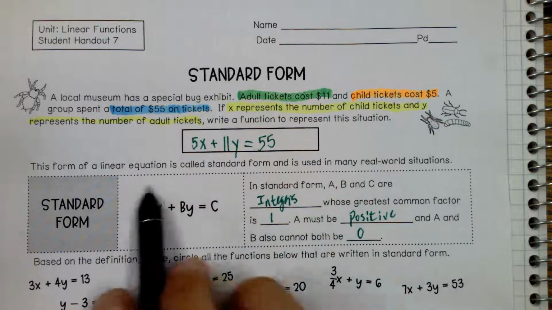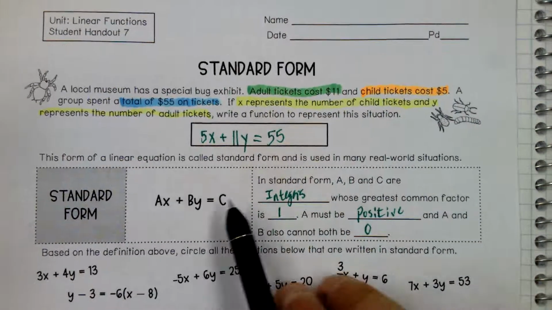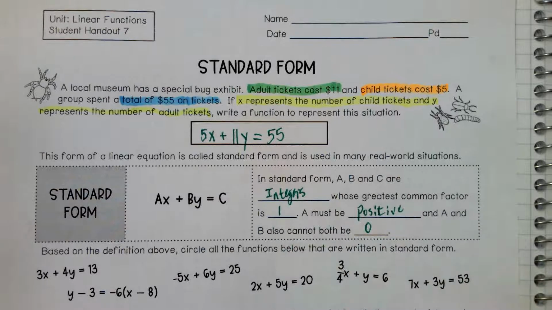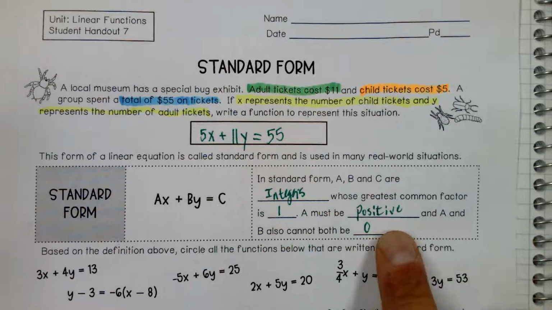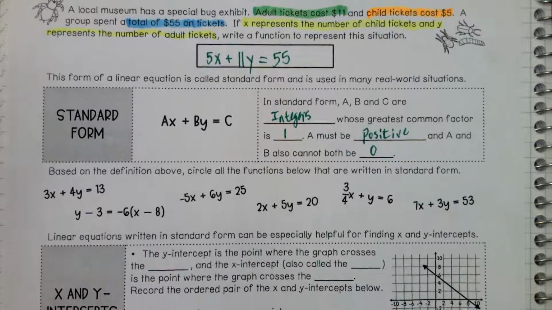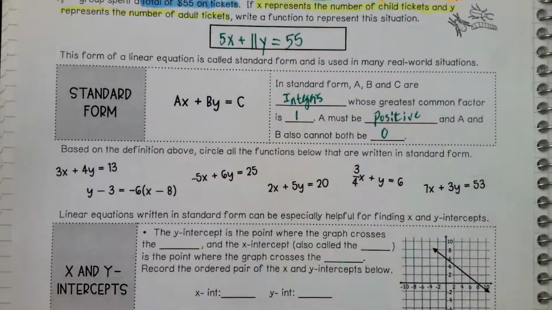Okay, so knowing what it looks like, ax plus by equals c, and they have to be integers, and a has to be positive, let's see if we can find equations that are in standard form and meet all of these conditions.